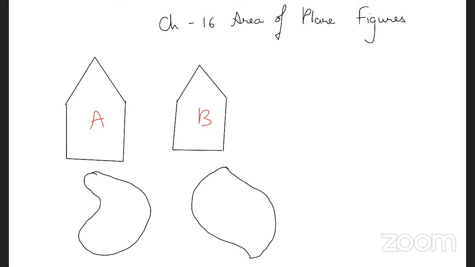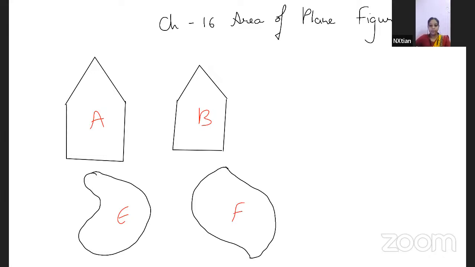Suppose again we have two regions, E and F. Can you tell by looking exactly which region has the larger area? No, right? They kind of look similar. So when we cannot tell which has the larger area, we need to calculate it.